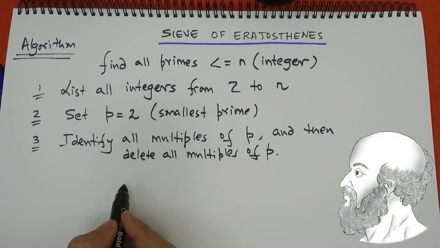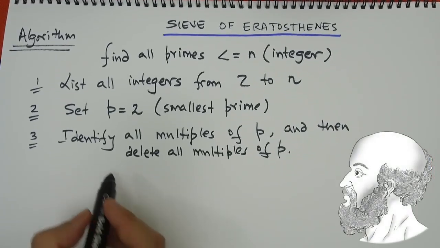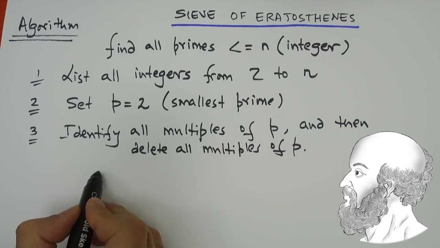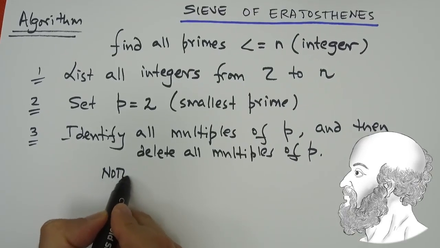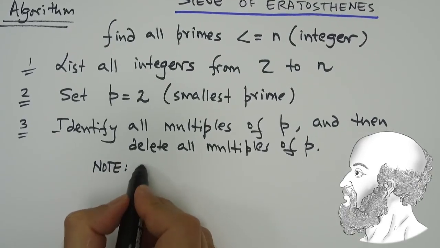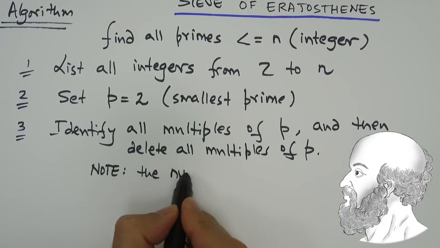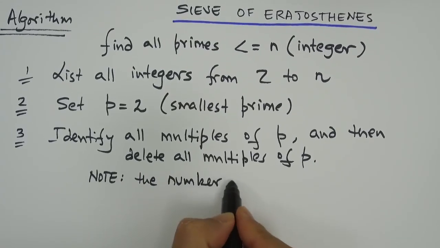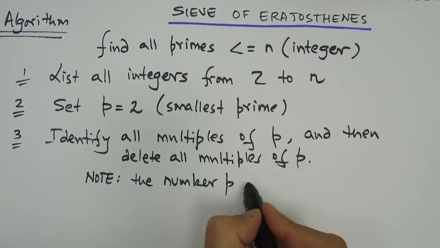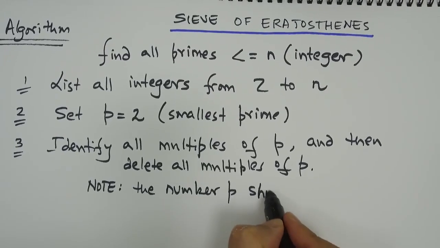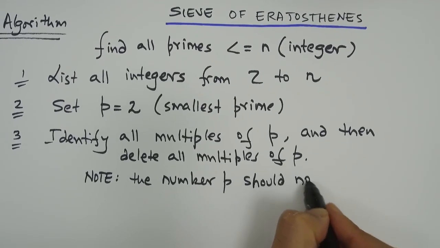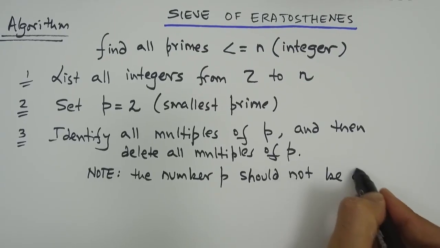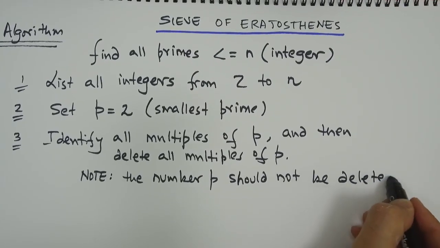Now do note that the number p itself should not be deleted. That's an important point, so let's write that down. Note that the number p itself should not be deleted.